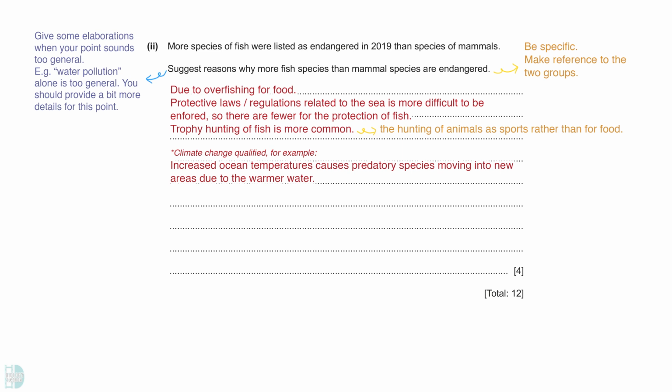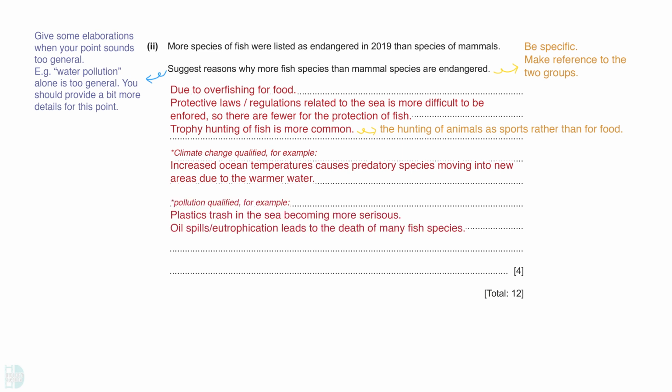For example, increased ocean temperatures cause predatory species to move into new areas and decrease the number of other species over there. Pollution can be a reason. You can elaborate on this point by referring to the issues of plastic in the sea, oil spills, or eutrophication.